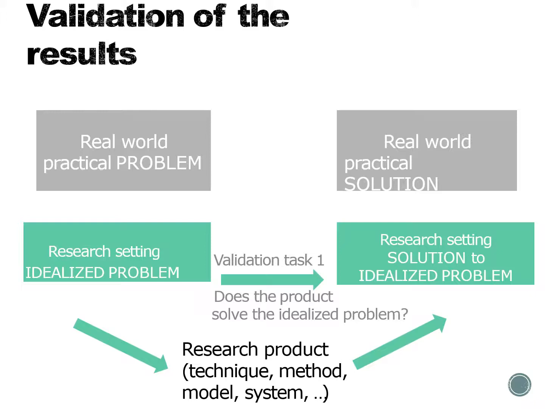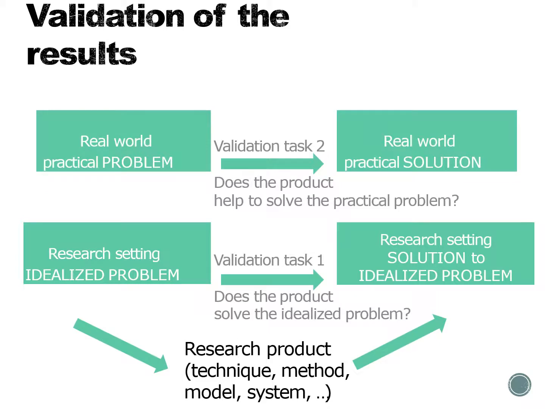So can we solve our problem in the laboratory? And if it works, if it seems to fix everything, then we try the same thing in the real world. We might do some additional refinement, but we take the key idea of the simplified solution and put it in the real world to see how it works as a practical solution. And so validation task 2 is: does the product help solve the practical problem?